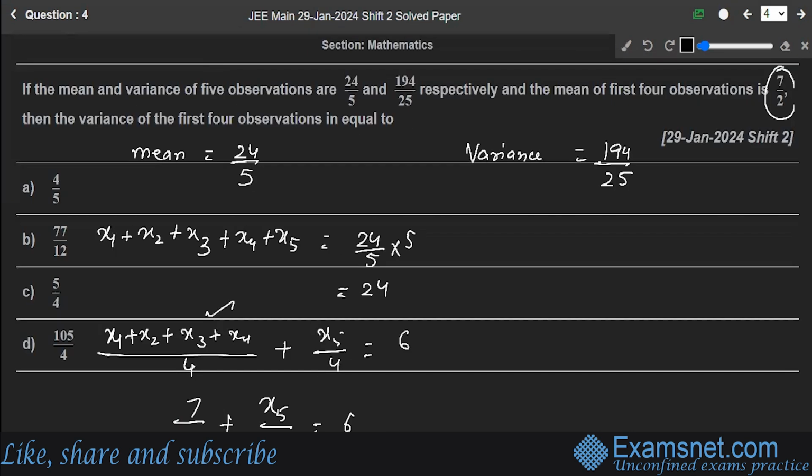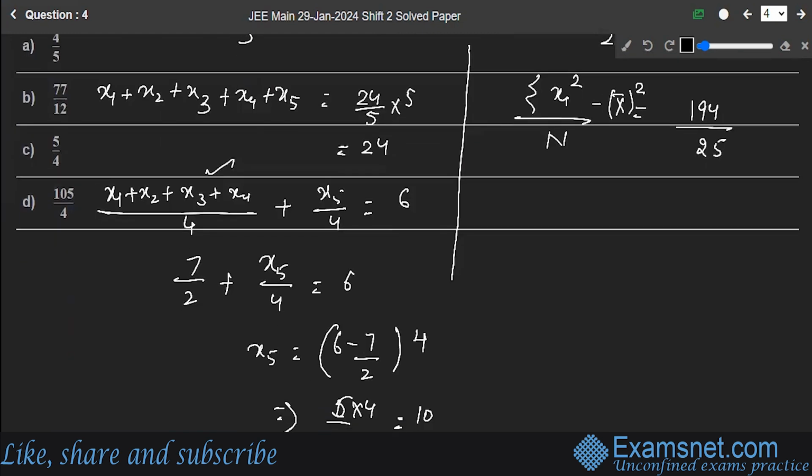Also, you're given that the variance of the 5 observations is equal to this. Variance is given by summation xi square upon n, because this is a discrete data. No frequency is involved. So this is minus this square, 194 upon 25. That's given.